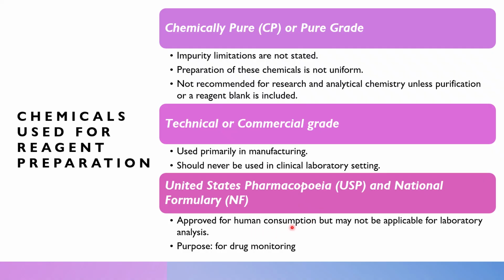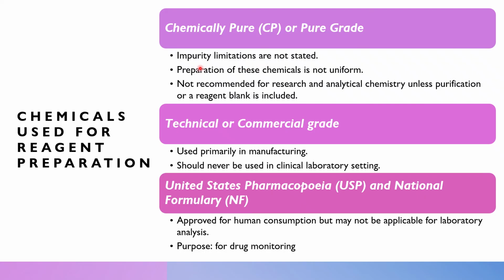It's not injurious to individuals and may not be applicable for all laboratory analysis. While the reagent designations of CP, or chemically pure, or pure grade type of chemicals indicate that impurity limitations are not stated and that preparation of these chemicals is not uniform.